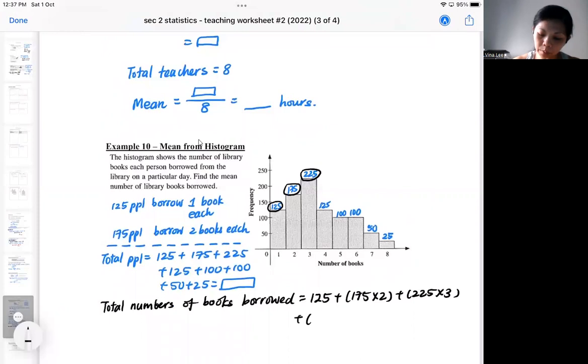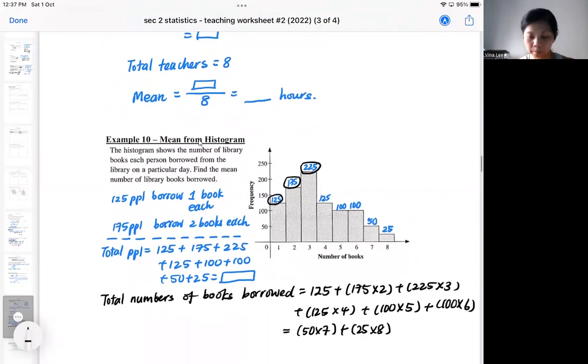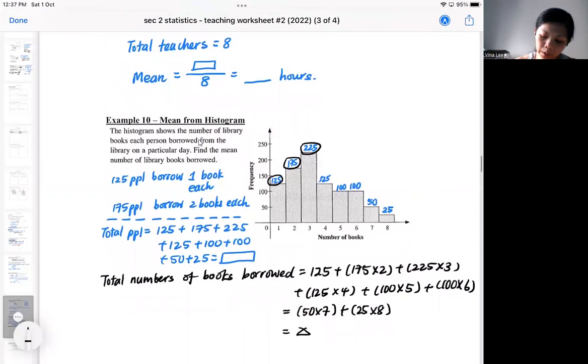So subsequently, you do the same thing. There are 125 people who borrowed 4 each. 100 of them borrowed 5 each. So the numbers are pretty big. So when you try to total up the number of books, it's actually quite a lot. And there are 25 of them who borrowed 8 books each. So this will be the total number of books.